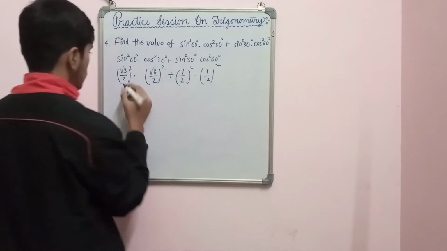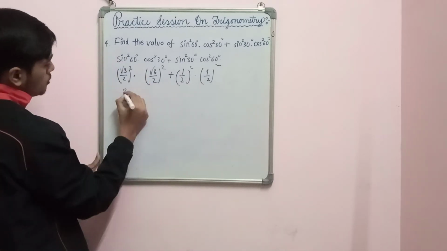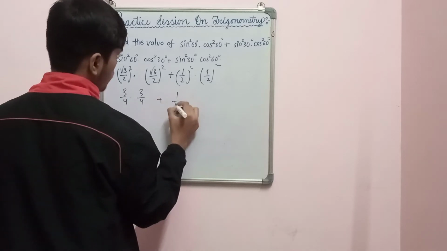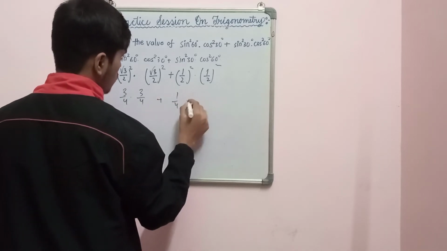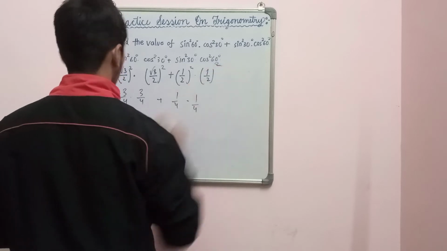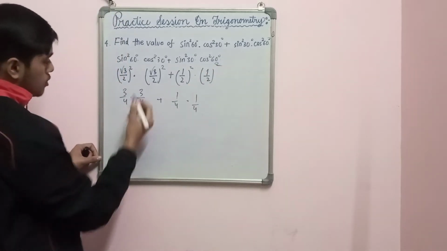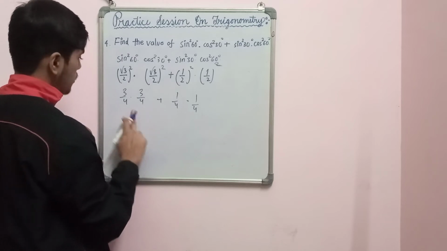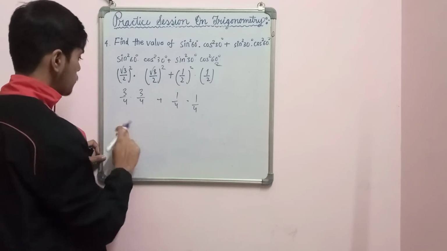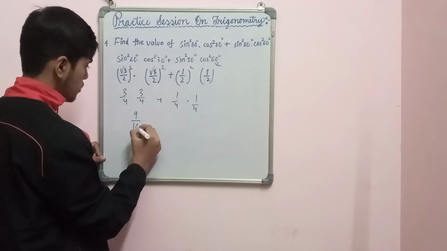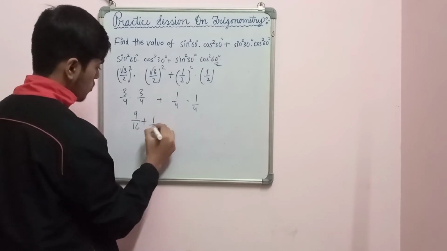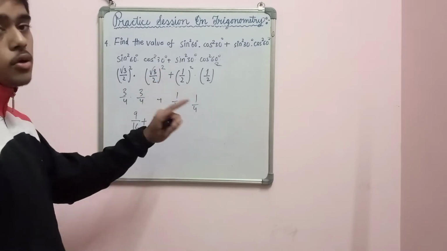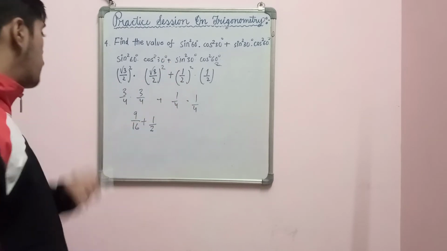Now let us solve this. You will simplify, and this will become 3 by 4 into 3 by 4, and this will become 1 by 4 into 1 by 4. Okay, so this will be 9 by 16, 9 upon 16. Again that will be transformed into 3 by 4. So this will be 9 upon 16 plus 1 upon 16.